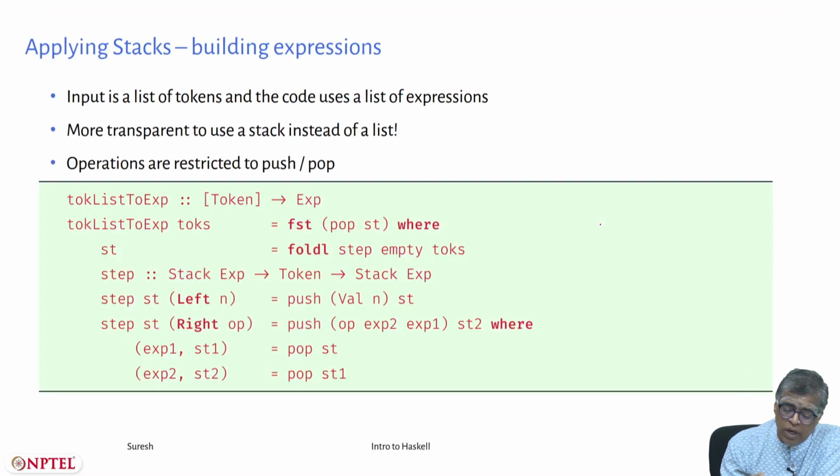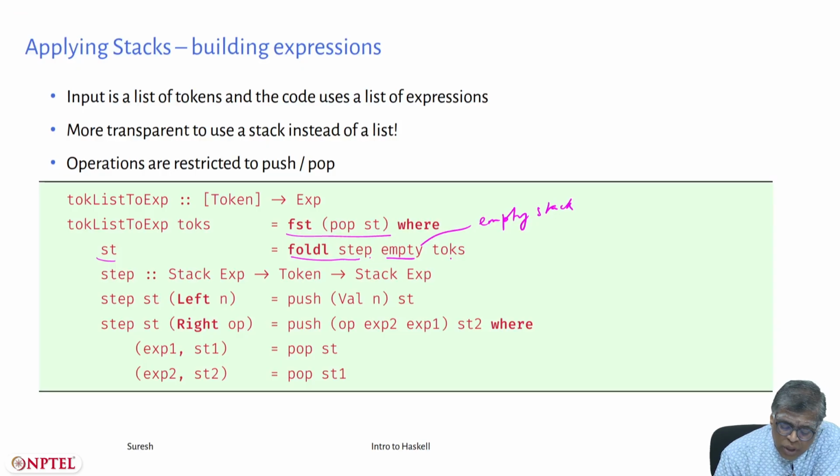Yeah, so here is our thing. So tokenList to expression is list of tokens to expressions. You do first of pop of st, where st is foldl step with the empty stack. Here is the empty stack, and list of tokens. So if you have any stack st, if you want to process Left n, you just push Val n to the stack.